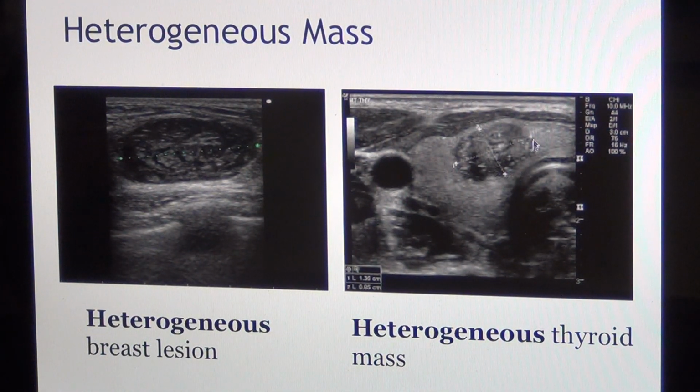This is a heterogeneous mass with calcifications I see. Okay, it is in the thyroid gland. It is a heterogeneous thyroid mass. Okay, so now this is within the thyroid gland, and this is in the breast, a heterogeneous mass. Okay, look at the differences. So this is homogeneous here, but this is heterogeneous.